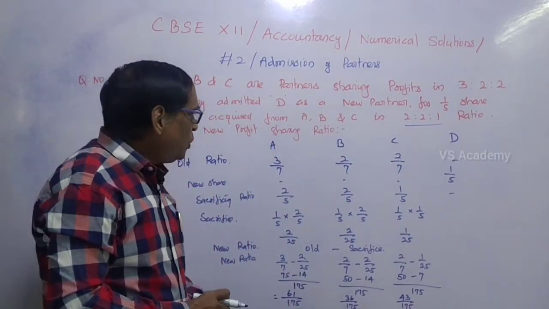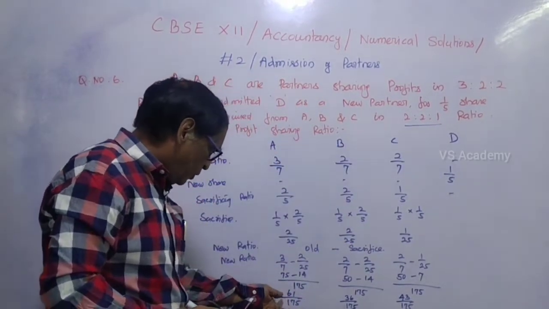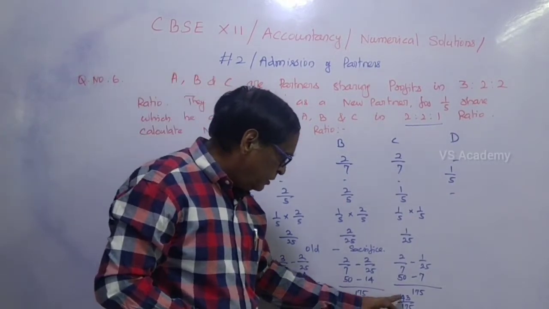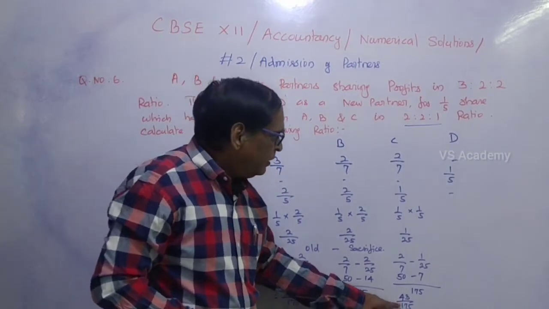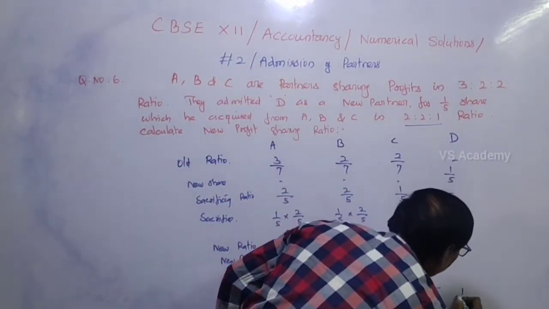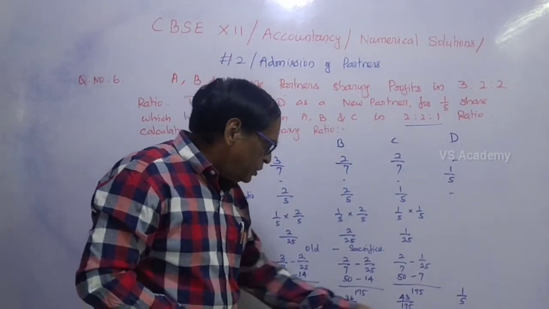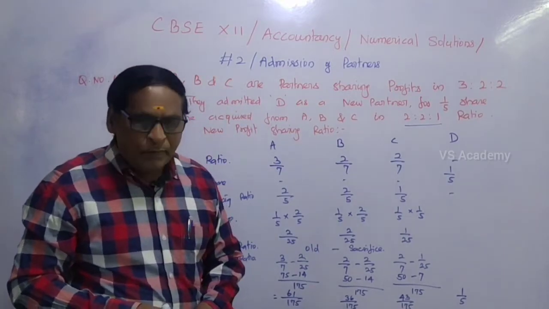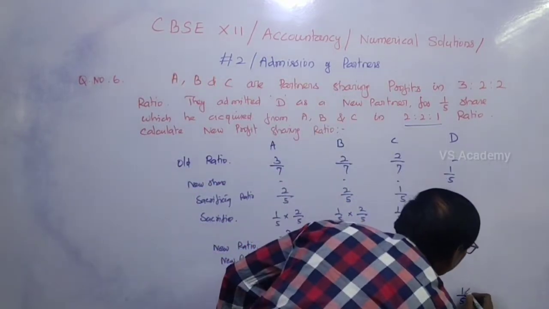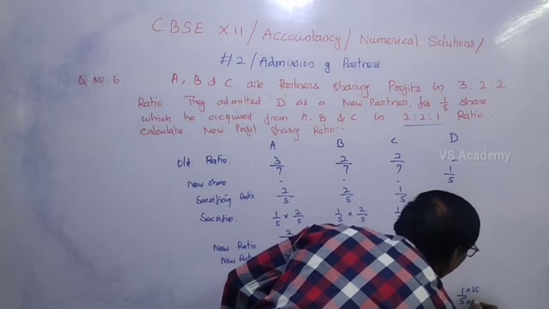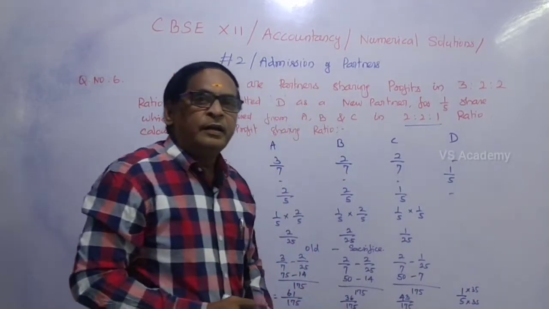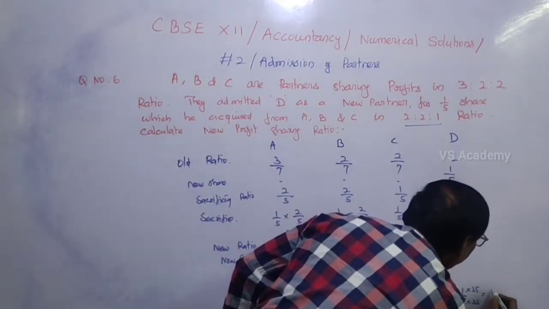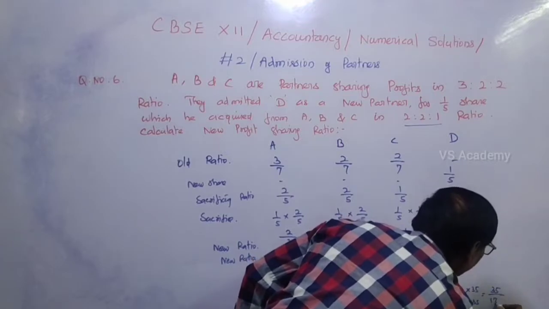So the new ratio among A, B, C is 61 by 175, 36 divided by 175, 43 divided by 175. Here D's share is only 1/5, but we should convert, the base should be 175. So we must multiply both denominator and numerator by 35, so 35 divided by 175.